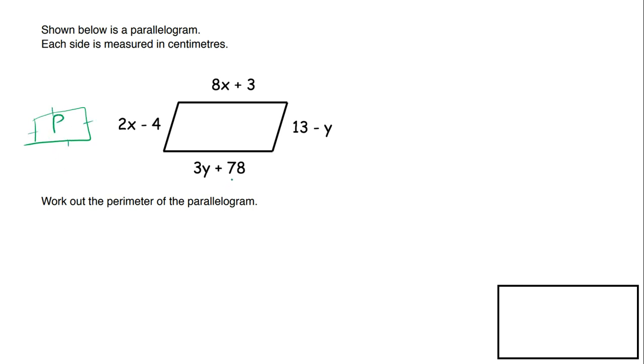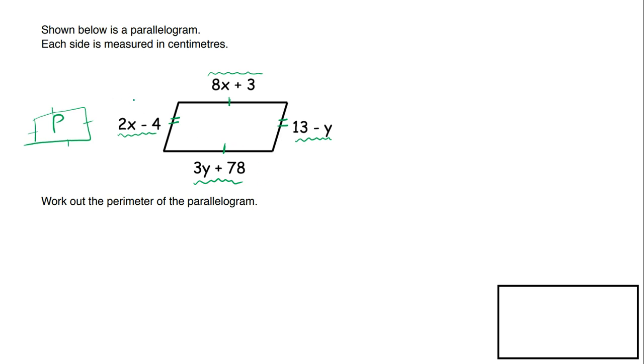Now, if you look here, the sides are technically unknown to us. We don't know what the sides are. But one thing you're supposed to know is that in a parallelogram, the top and the bottom sides are equal, and those at the side are equal, which means that whatever is the value here is the same as this one, and whatever is the value on the top is the same as the one on the bottom. So I can easily grab two equations out of this parallelogram.